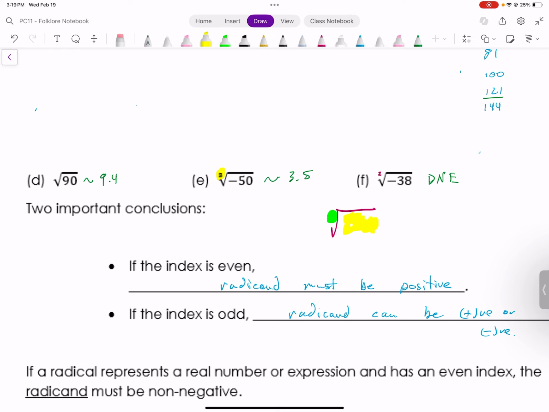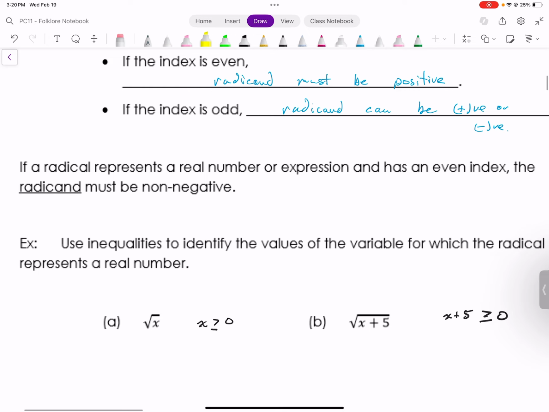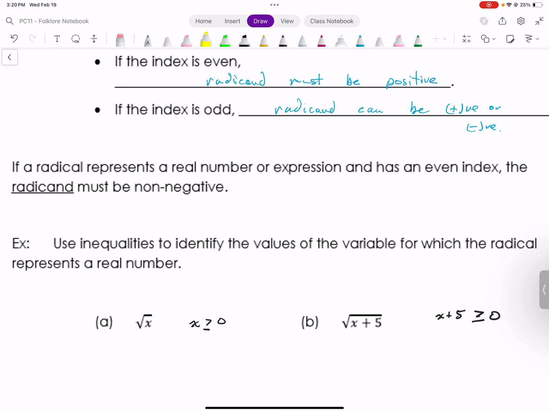Because an even number of negative numbers multiplied together will yield a positive result, but an odd number of negative numbers multiplied together will yield a negative result. So that's where that comes from. Simplifying, if a radicand represents a real number or expression and has an even index, the radicand must be non-negative. And that's fairly important. So be careful when your index is even, the radicand must be positive.